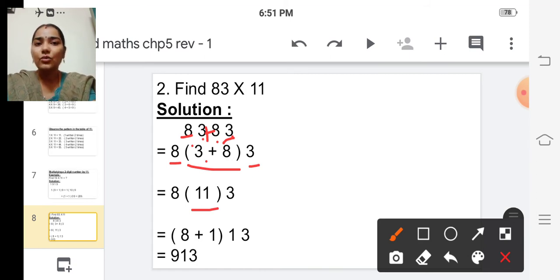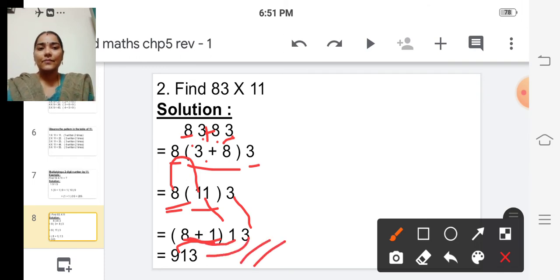So we have to carry over this digit to the next place. So this number becomes 8 plus 1. And write this 1 as it is and this 3 as it is. Okay. 8 plus 1 is 9. And write this 1 as it is and 3 as it is. So we got the answer 913. Is it clear, children?